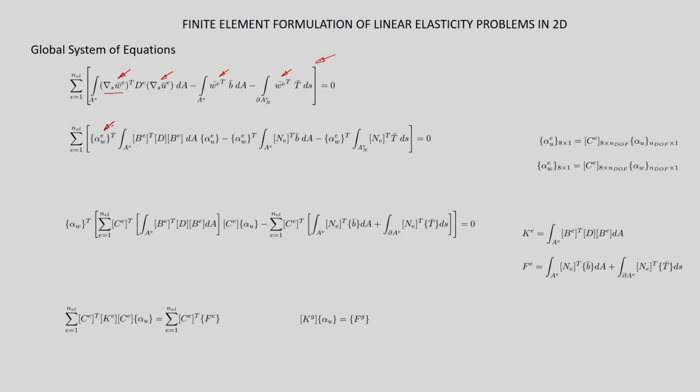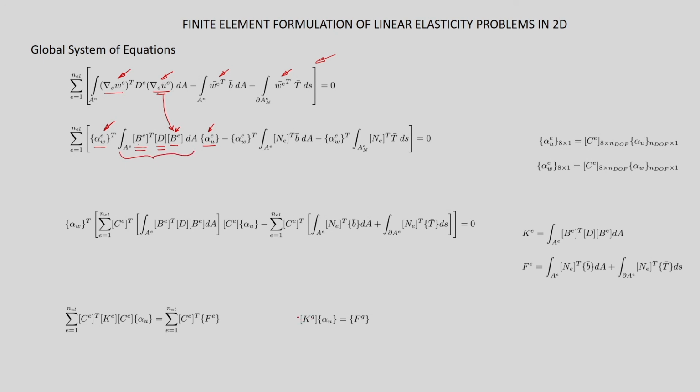Now, alpha W is a constant, so we have taken it outside the integral. So, we got this B transpose D, and this B came from the symmetric gradient of U. So, this B times alpha U is the symmetric gradient of U, alright. Now, since alpha U is constant, we have taken it outside the integral. So, we will be evaluating only this in a given element, alright.